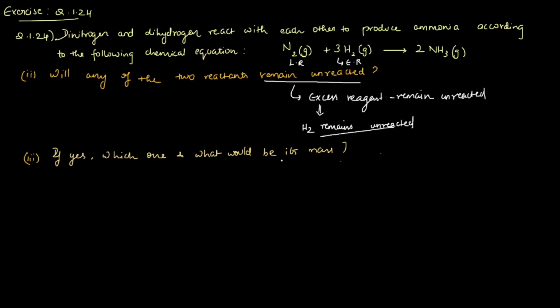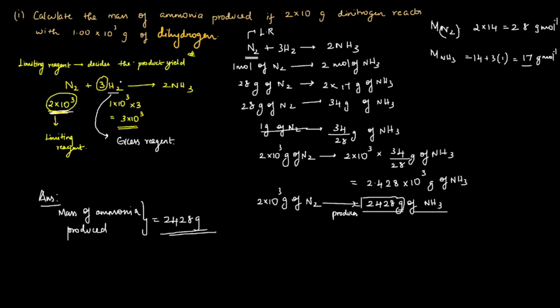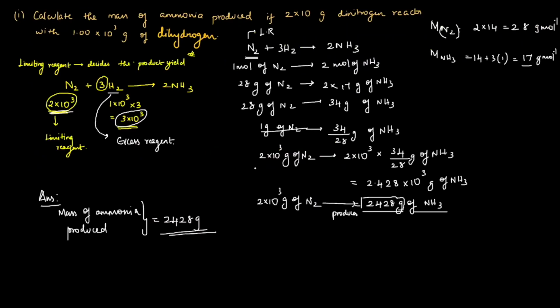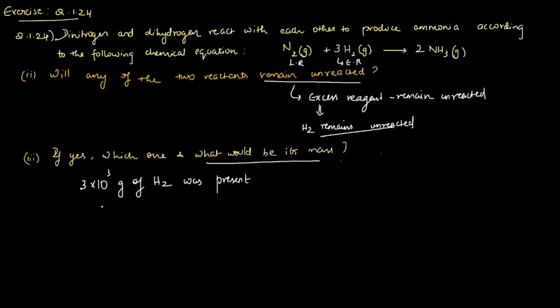The third subdivision is, if yes, which one and what would be its mass? So hydrogen is present as 3 into 10 power 3 grams. This is the mass of the excess reagent present here. 3 into 10 power 3 grams is 3000 grams. And how much ammonia is produced? 2428 grams.